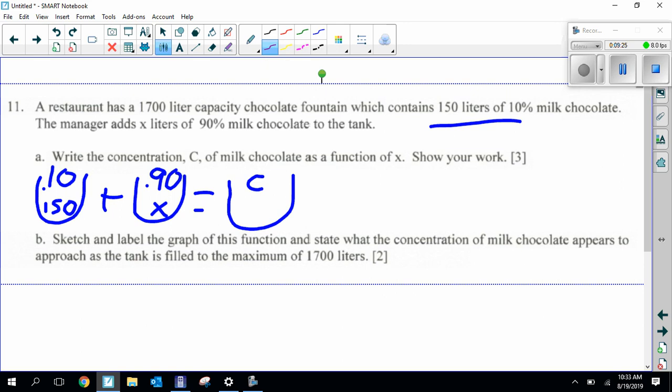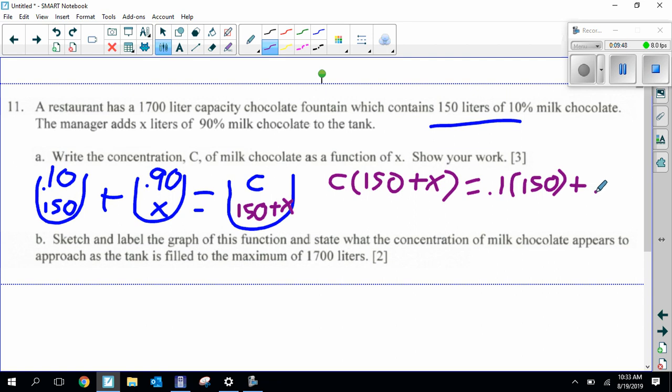But when you add those two things together, the total amount we have will be 150 plus x, and that creates your equation. C times (150 plus x) equals 0.1 times 150 plus 0.9 times x.